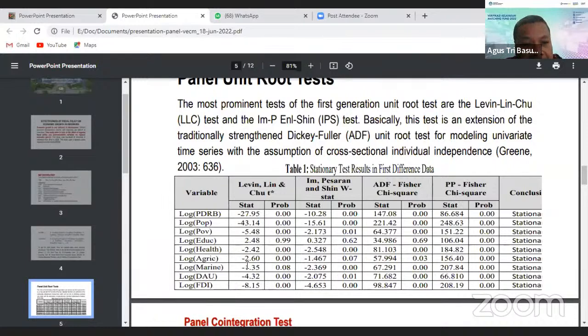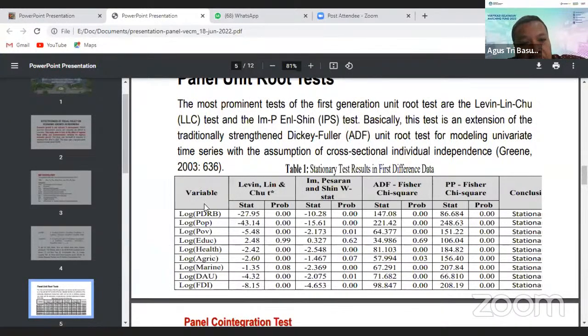We can see in the table, with the Levin, Lin, and Chu method, the probability is almost all significant: log GDRP, population, poverty, health, agriculture, DAU, and FDI. Only education is not significant. Marine is significant at alpha 10%.